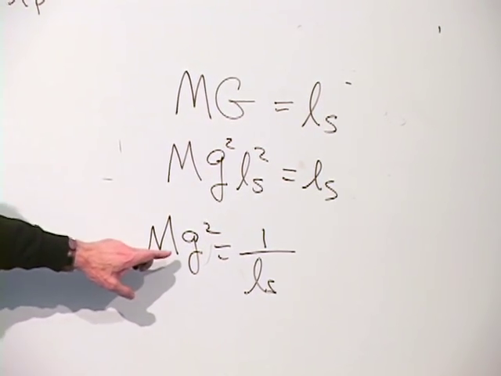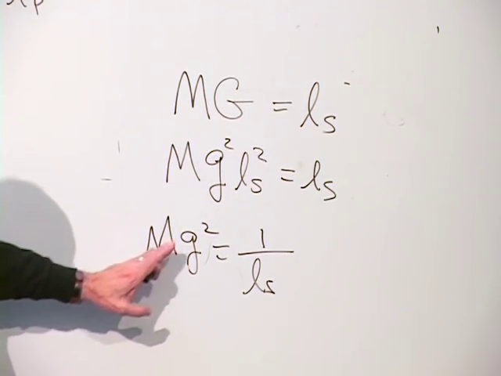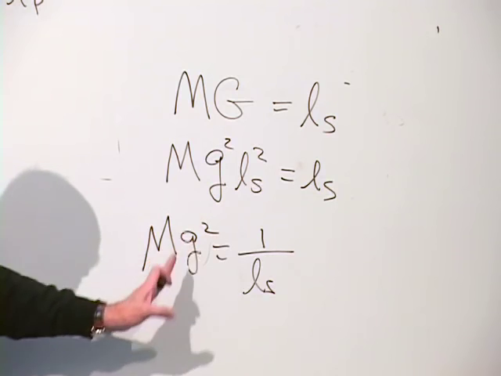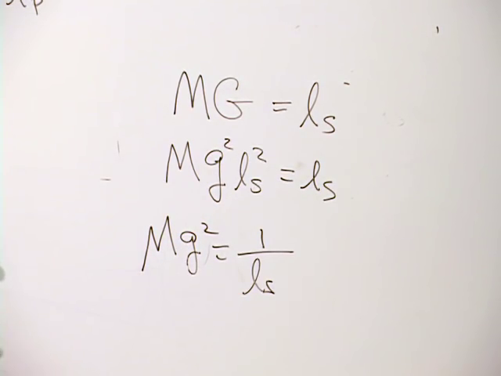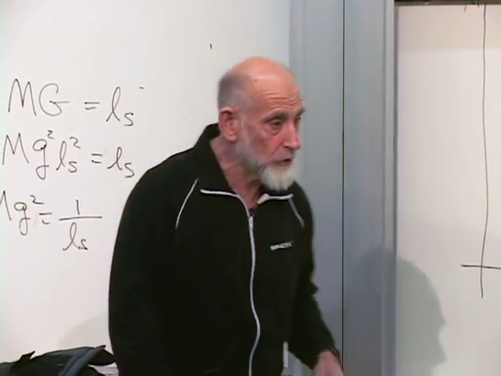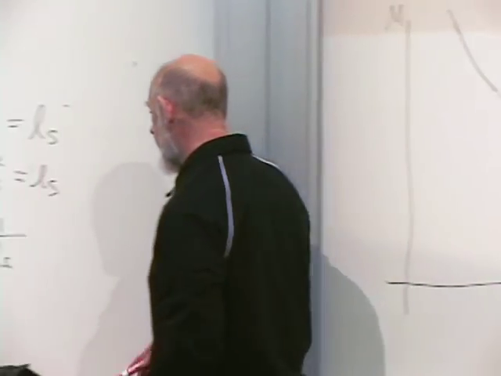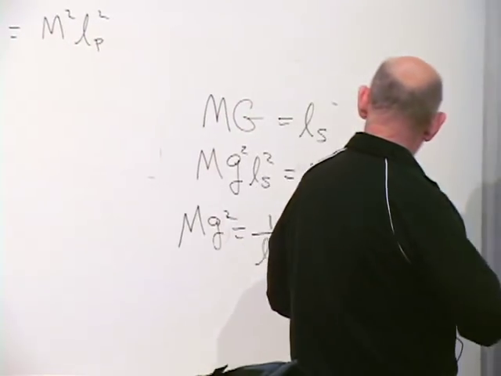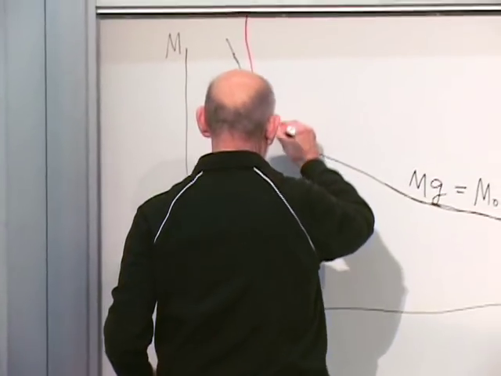The left-hand side is m g squared. So when g gets small enough that m g squared is 1 over L string, all of a sudden it turns into a string. The black hole turns into a string. So there's another curve on here. This other curve, m g squared equals 1 over L string, looks like this.